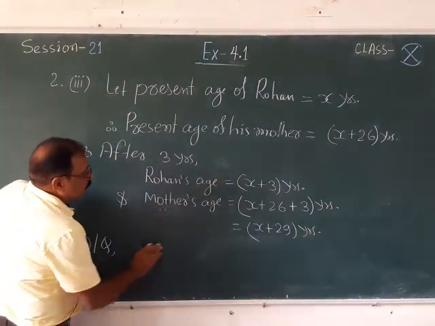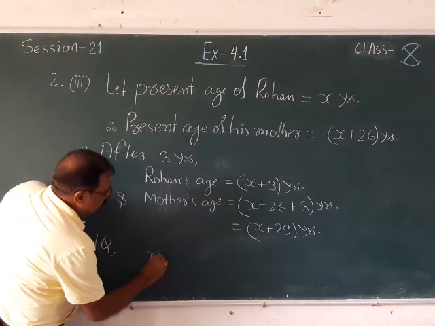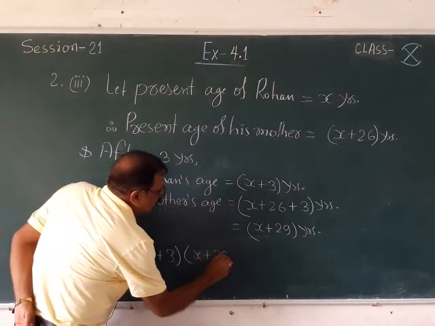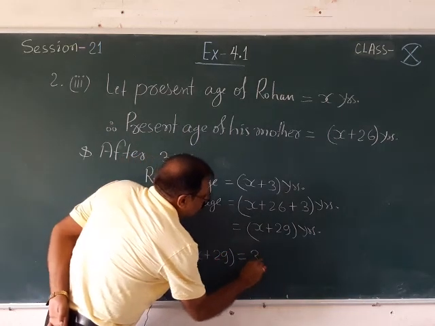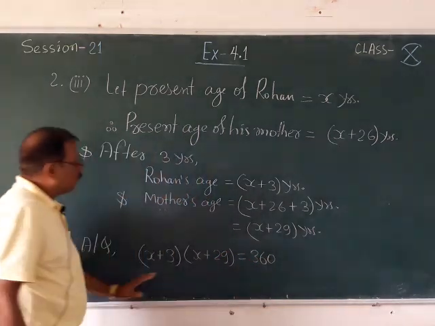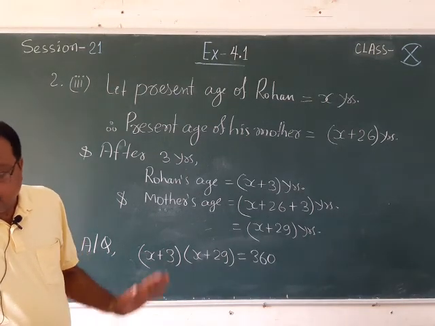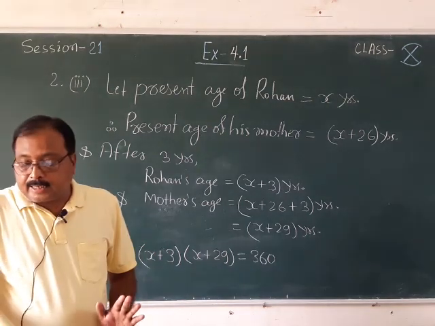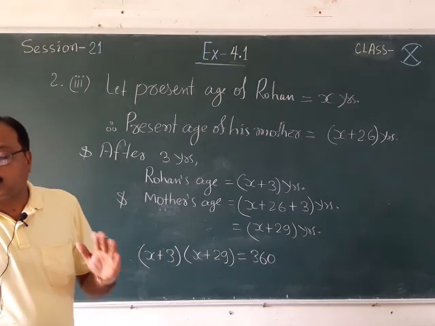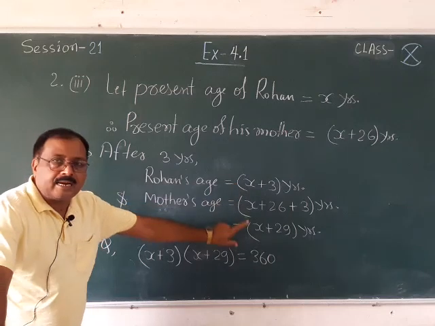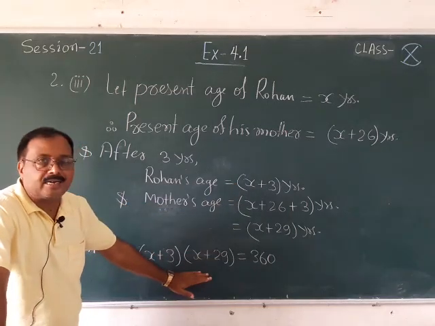That means x plus 3 into x plus 29 is equal to 360. It has been given that the product of their ages 3 years from now will be 360, so the product of x plus 3 and x plus 29 is 360.